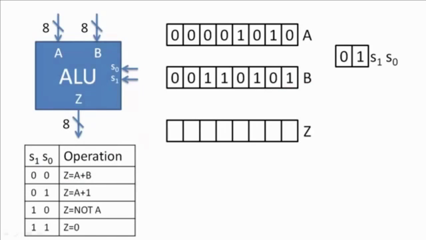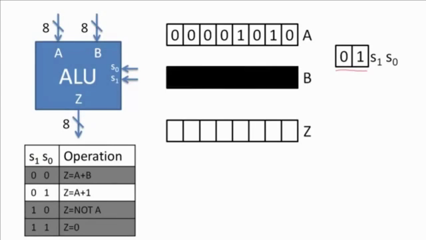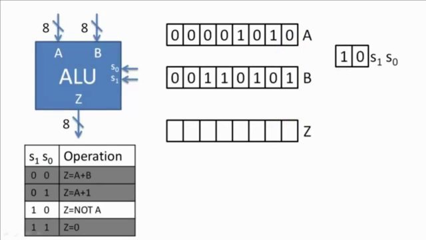If we change the control bits, we will change which operation is performed. Because this operation does not need an input from B, the B inputs will be ignored. The ALU will send an incremented value of A back to the register file. To briefly introduce the logic operations, we will examine one of the simpler operations, such as the NOT operation.